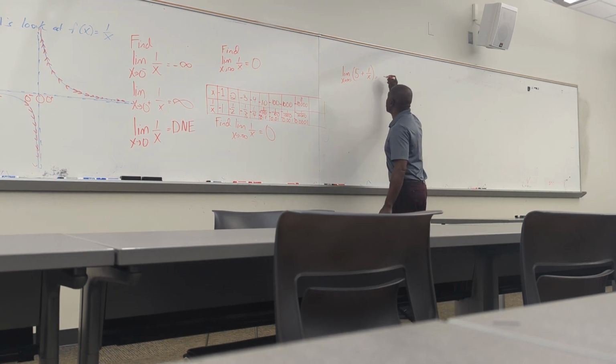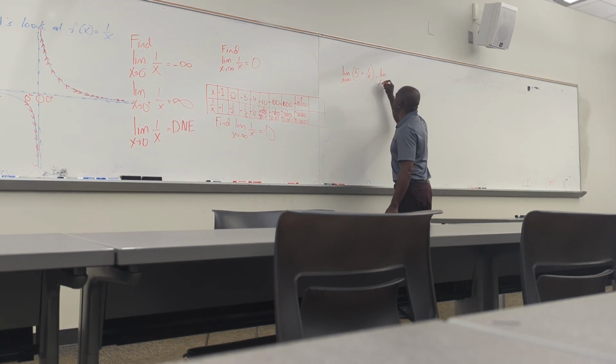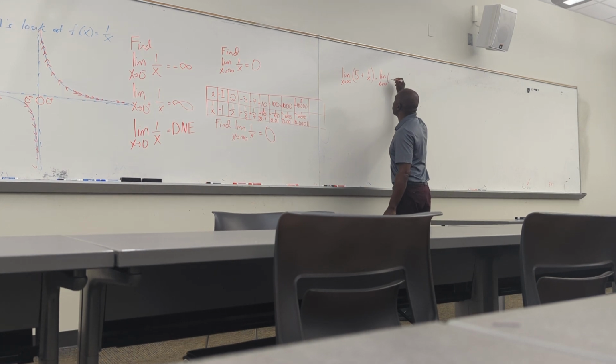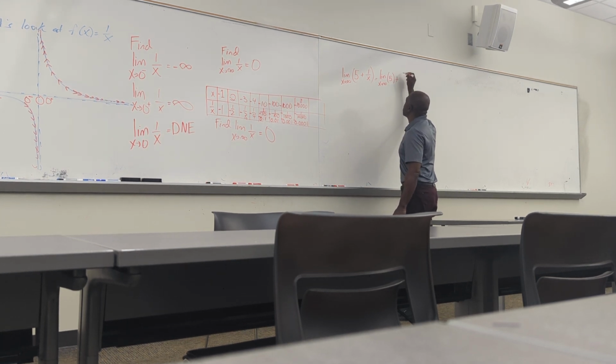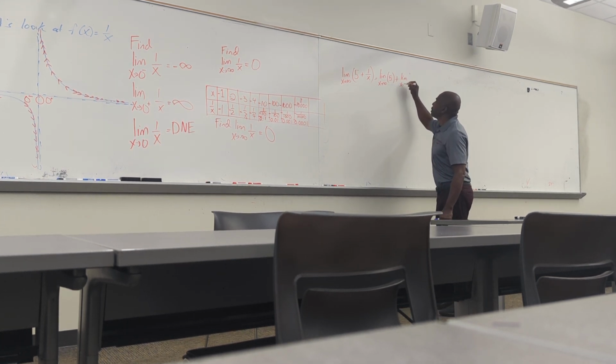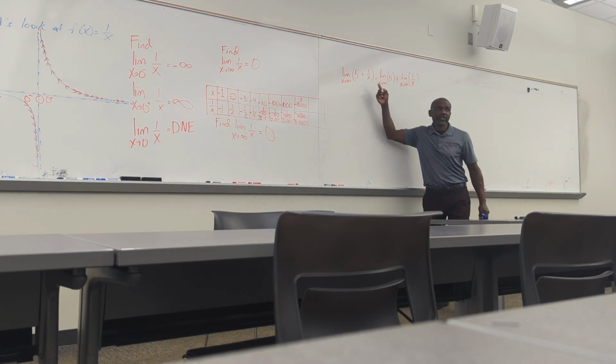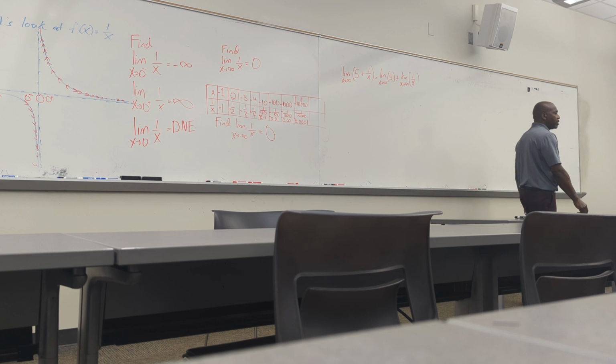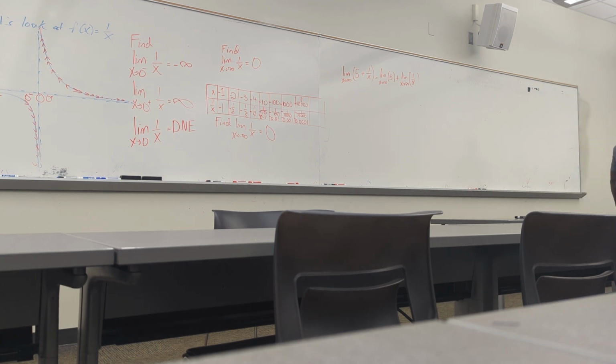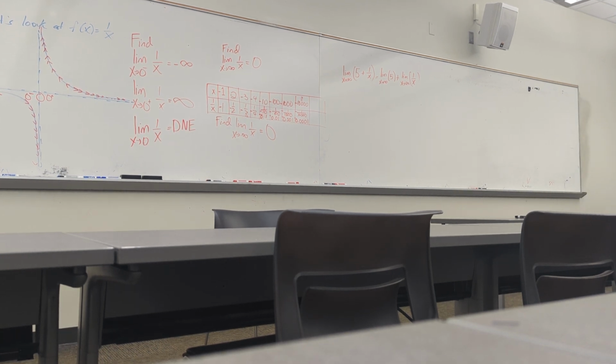This is the same as the limit as x goes to infinity of 5, plus the limit as x goes to infinity of 1 over x. We can just separate it because it's plus or minus. We good, class?